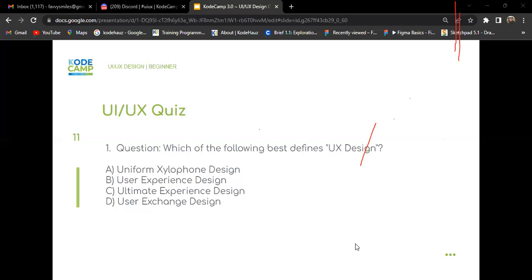So the question is, I'm still going to read my question. Which of the following best defines UX design? A, uniform xylophone design. B, user experience design. C, ultimate experience design. D, user exchange design. So we have the first person who got the answer correct to be Bleeded. But we need to confirm that Bleeded's name here matches his or her name in the Discord channel.